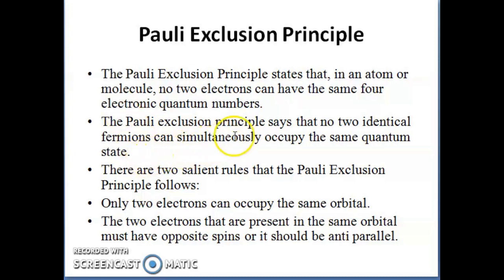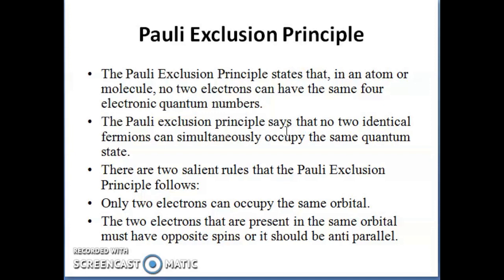Pauli's exclusion principle tells us that no two identical fermions can simultaneously occupy the same quantum state. Hence we need to follow two rules for Pauli's exclusion principle.